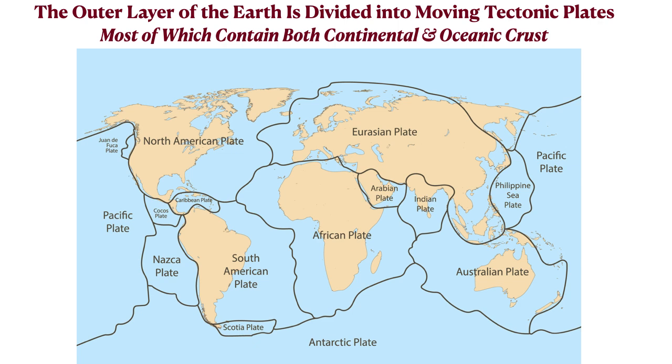They move together. So the North American plate includes half of the North Atlantic as well as most of the North American continent. Some of them are almost entirely composed of oceanic crust, like the Juan de Fuca plate off of the Pacific Northwest in North America, which is disappearing as North America moves over it.